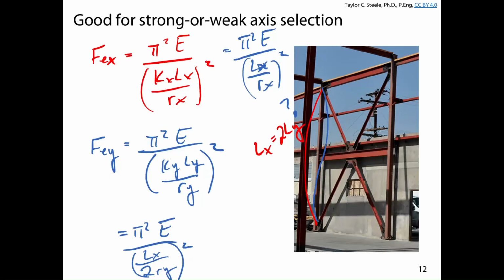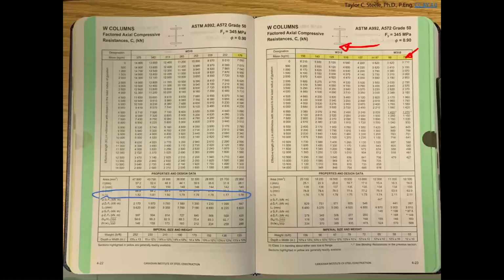If we're looking at Lx and we want to know how to use the table to get the strength, we're going to say, okay, Kx Lx over Rx, and we're going to multiply it by the Ry over Rx ratio. Then we can get the strength associated with the modified effective length.